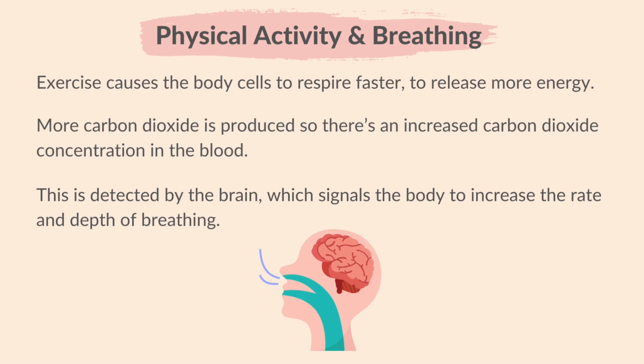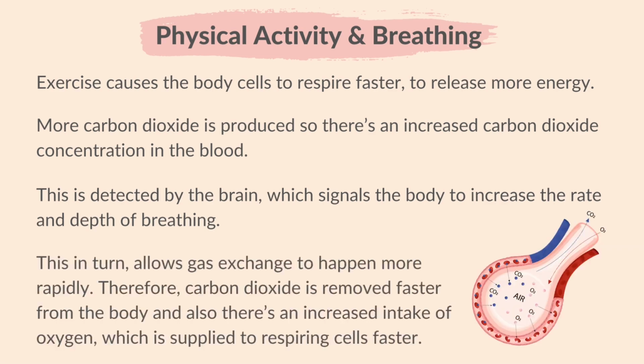This is detected by the brain, which signals the body to increase the rate and depth of breathing. This, in turn, allows gas exchange to happen more rapidly. Therefore, carbon dioxide is removed faster from the body, and also there's an increased intake of oxygen, which is supplied to respiring cells faster.